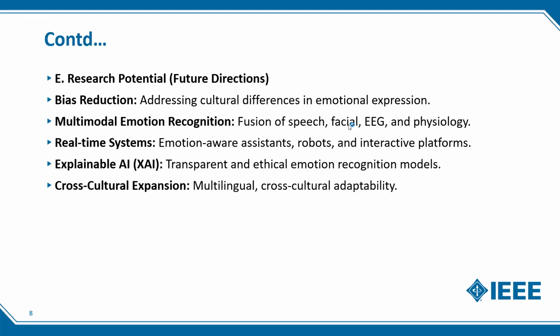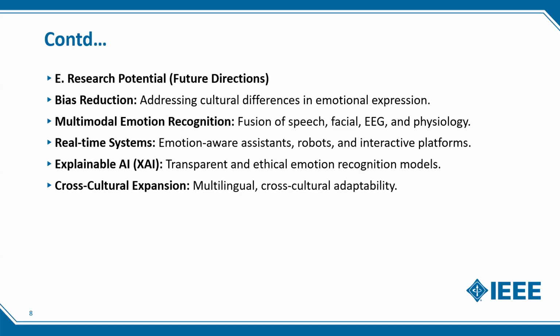And now let me point out some of the research potential in this area, or the future directions that most of you can think about. The first one is bias reduction. Addressing cultural differences in emotion expression is still an unsolved issue.